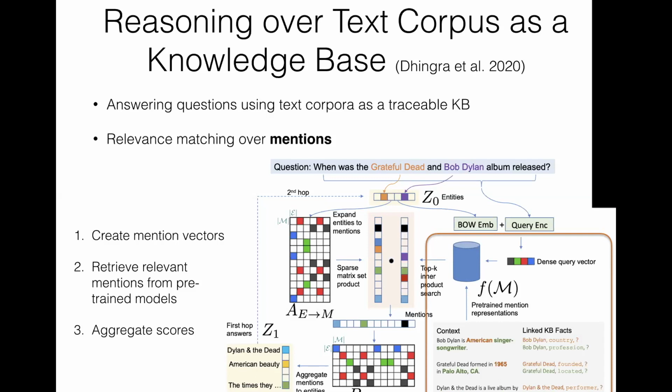You go over the textual corpora and collect all the sentences that contain the specific entities of interest. In this case, we're interested in the Grateful Dead and Bob Dylan. So we have a bunch of sentences that contain Bob Dylan or Grateful Dead, as you see in the bottom of the figure.